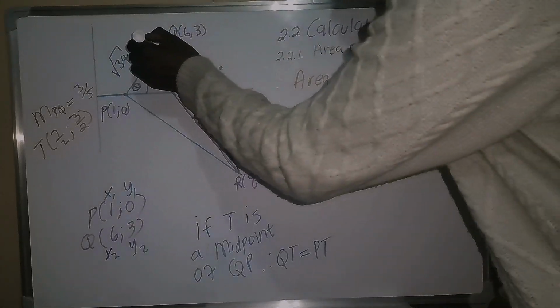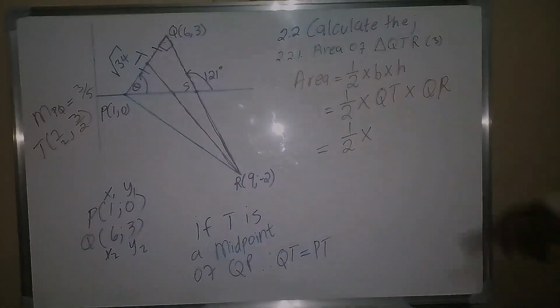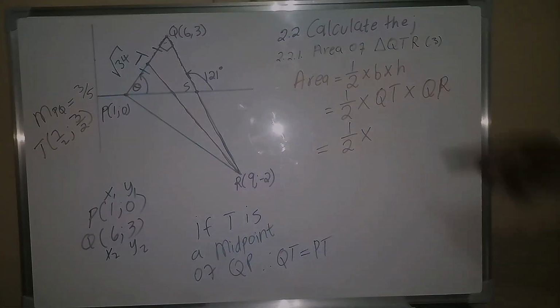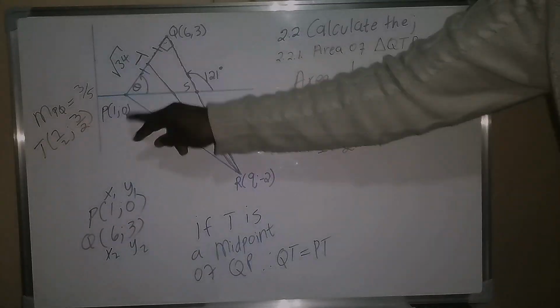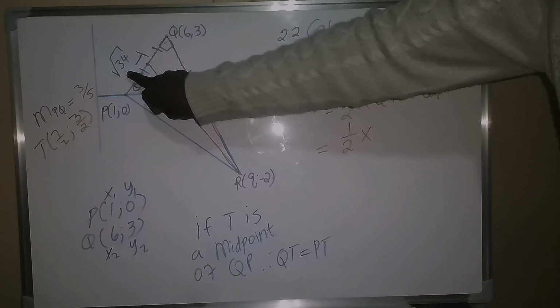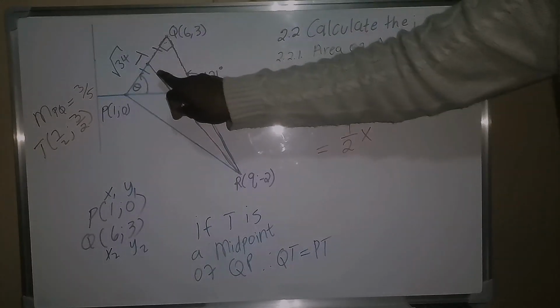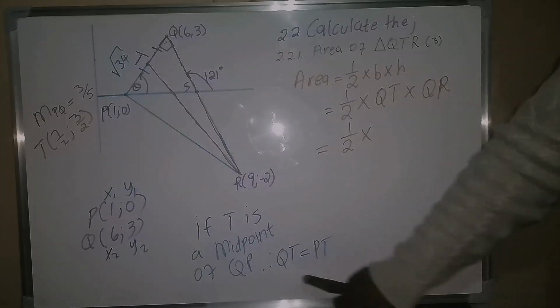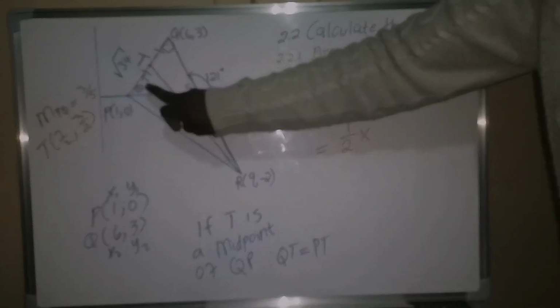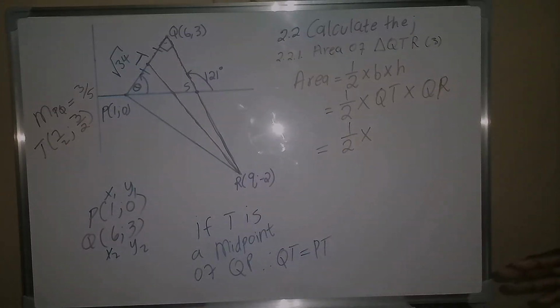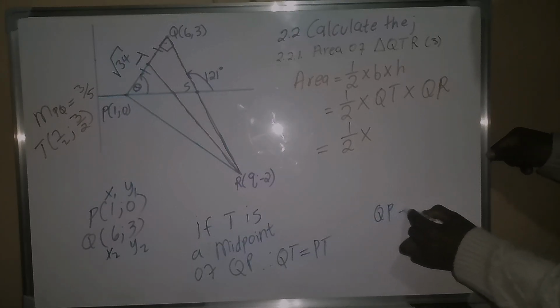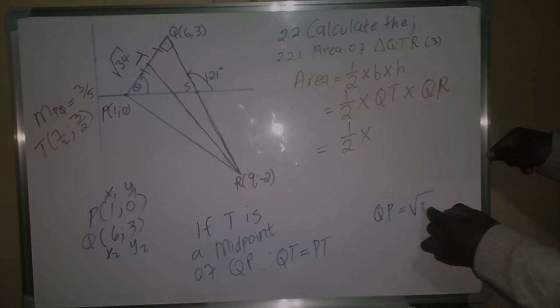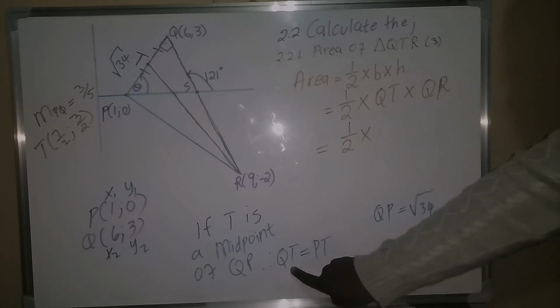Again, remember, we found the length of QP from our first question. We found that QP is equal to square root of 34. That means this square root of 34 will be shared amongst QT and PT.